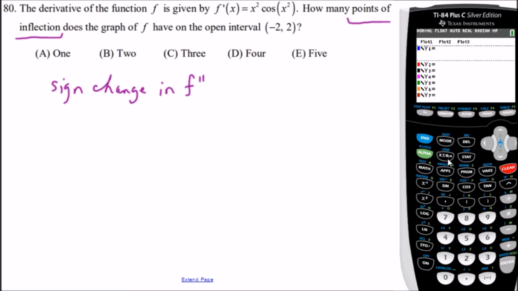But considering you're in the calculator section, there is a fast way to do this. What we could do is just type in f prime of x, and we want to find f double prime of x, so we're going to take the derivative of f prime using the calculator. So we're going to press math, option 8 is derivative, and we put the x variable in because our function is going to be in terms of x, and now we just write in x squared cosine of x squared.